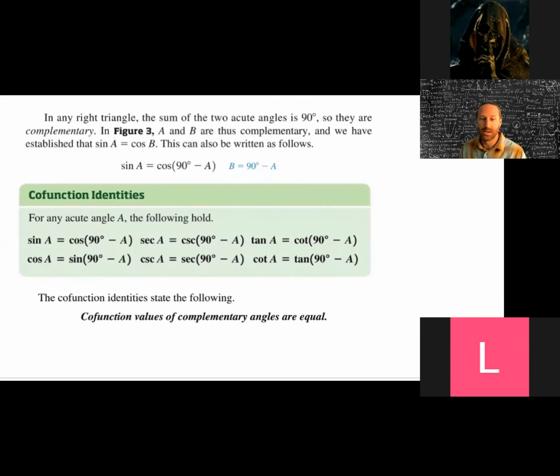So I wanted to make sure that you guys understood what we just talked about a little bit more clearly. And here's the way that we're going to explain it. If you know the sine of any angle, call it A, then what do you know it's equivalent to?